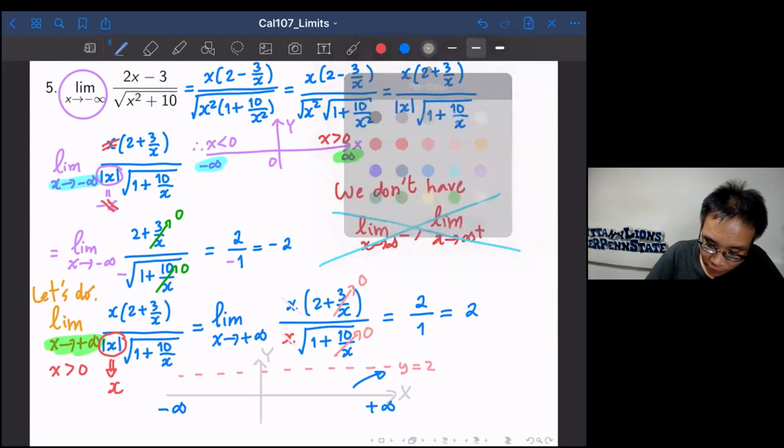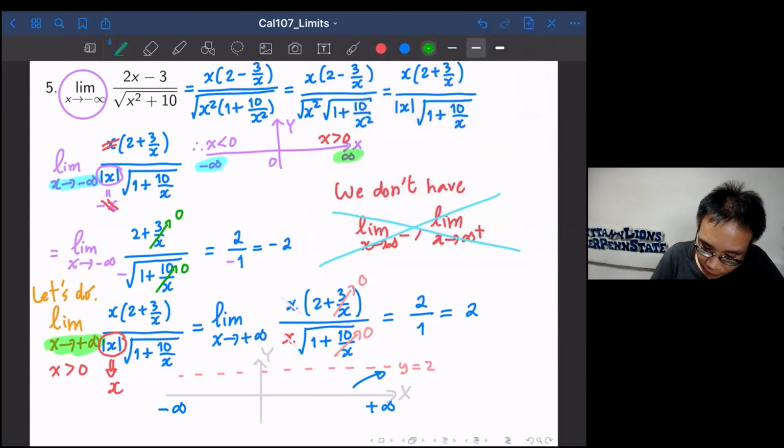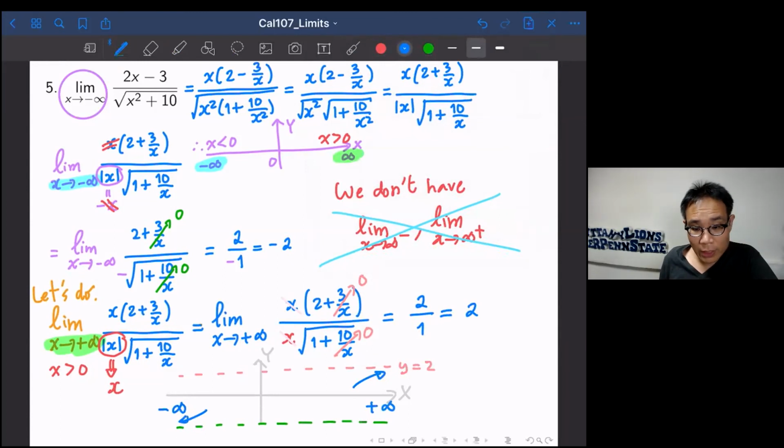And for x going to negative infinity, you're going to get this one, and you're going to see that your graph tends to this line. So this one is y equal to -2, and both of them in this case are horizontal asymptotes.